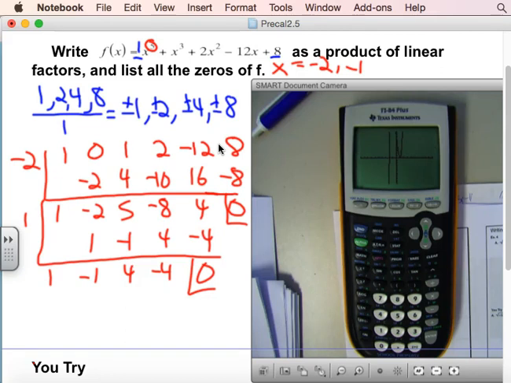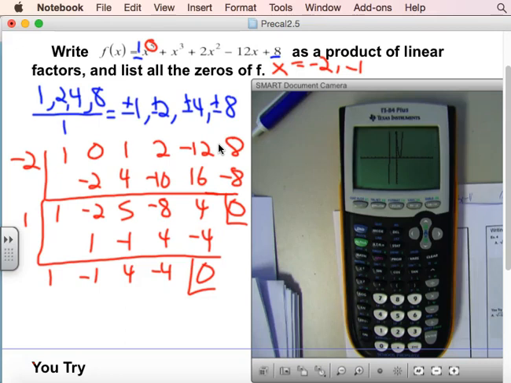But if it bounces off at that value, then it's going to be a zero an even number of times, 2 times, maybe 4, 6. So right here where it looks like it bounces off at 1, that tells us that 1 should be a zero an even number of times. So we should have 1 as a zero a second time.